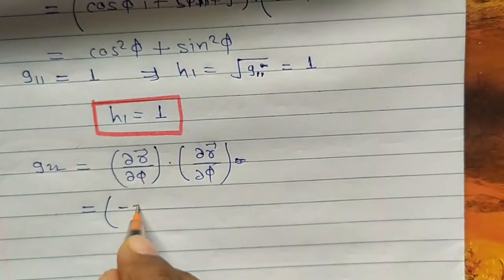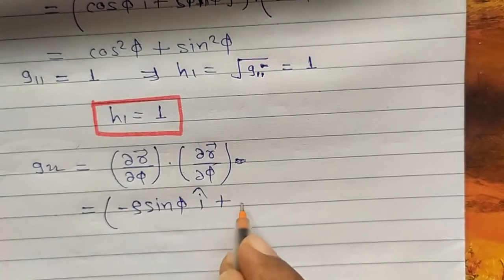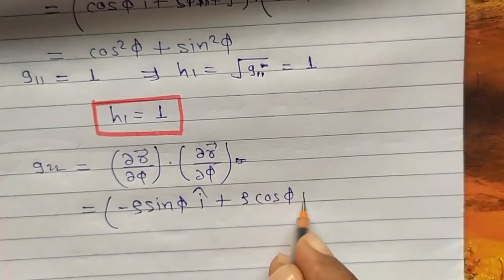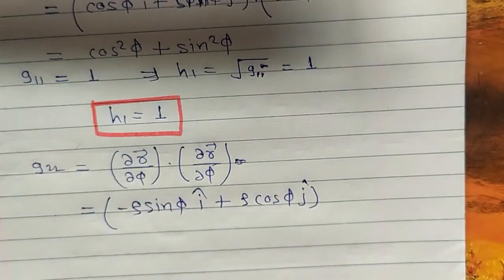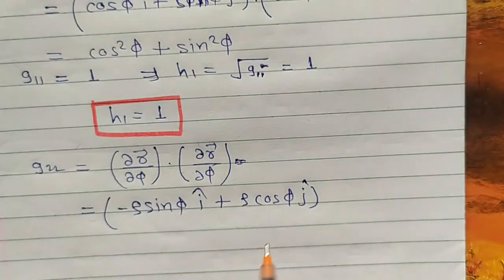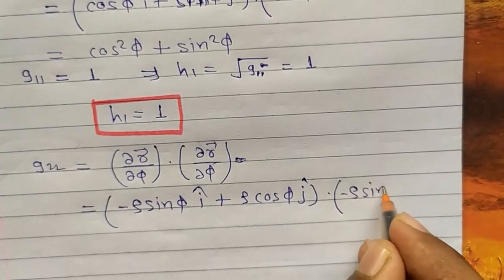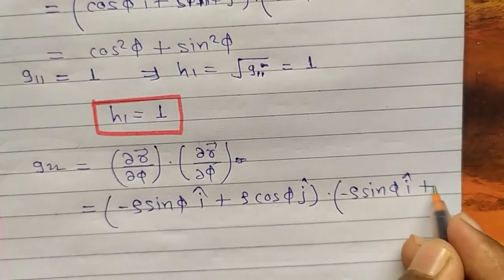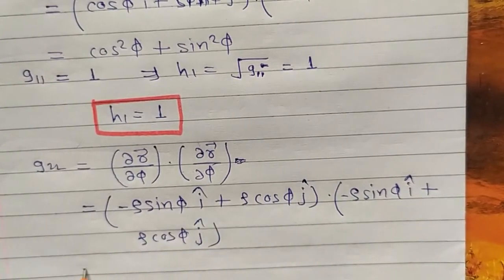Okay, I will write it here. Rho sin phi i cap plus rho cos phi j cap. And you are taking dot product with itself, the same quantity again, rho sin phi i cap plus rho cos phi j cap. What do we get?